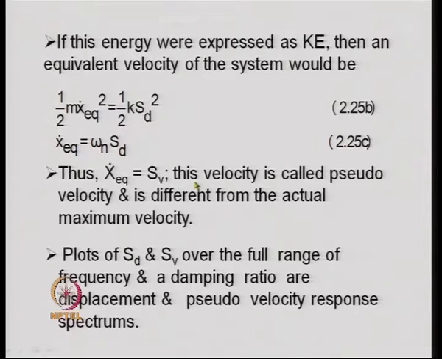This velocity is called pseudo velocity and is different from the actual maximum velocity. The plots of the SD, that is the maximum displacement, and the SV, that is the pseudo velocity, over the full range of frequency and damping ratio are called the displacement and pseudo velocity response spectrum.